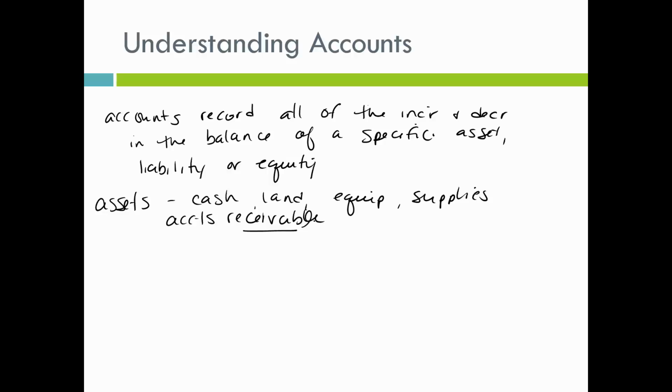There's certain keywords we can look for in some of these, even if you don't know exactly what it is. The other keyword you'll see is prepaid. So for instance, you'll see prepaid insurance, and this means we paid for it in advance. If you think of assets as anything that you can convert to cash, you pay your car insurance probably 6 months in advance.